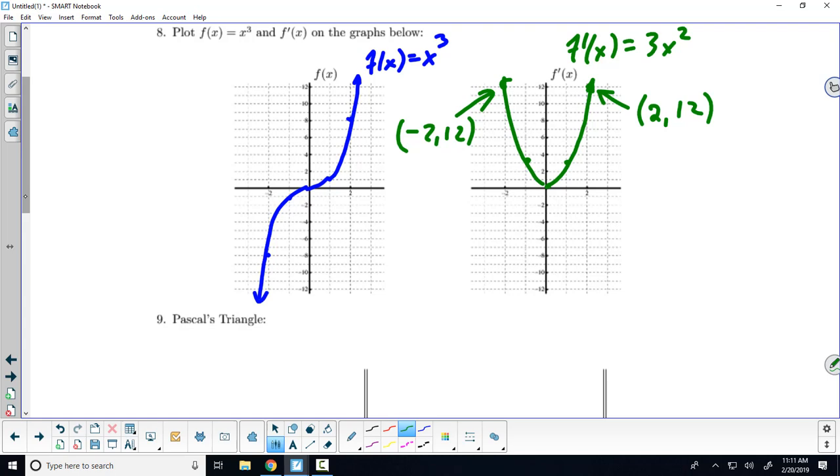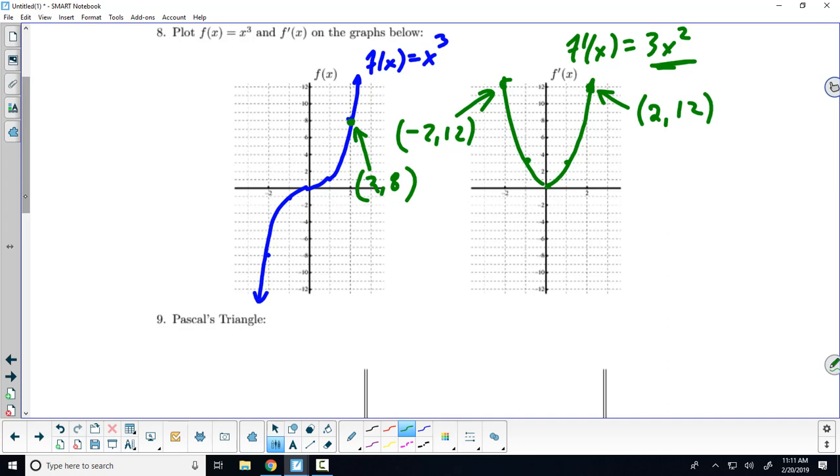Here's the ordered pair 2, comma 8. Does everyone see how I got that ordered pair on my cube function? I plug a 2 in for x, and it outputs an 8. I said, although we didn't prove it, that the derivative of this function is 3x squared.